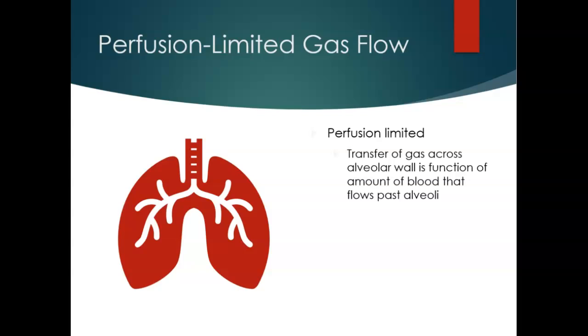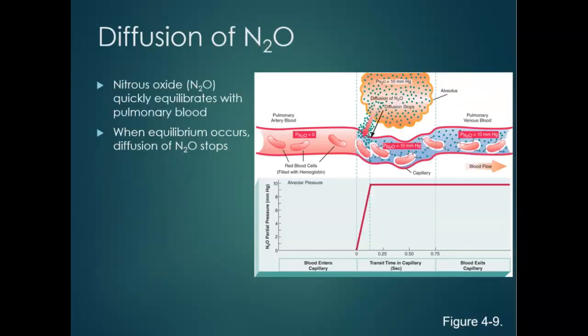So when we talk about being perfusion limited, it means the transfer of gas across the alveolar wall is going to be a function of the amount of blood that flows past the alveoli. So if I don't have blood for the oxygen to diffuse into, I won't have diffusion.